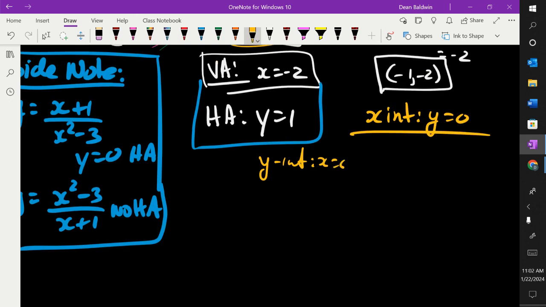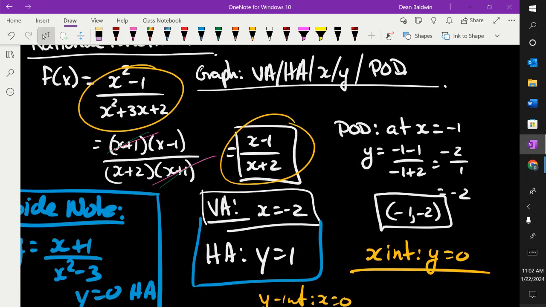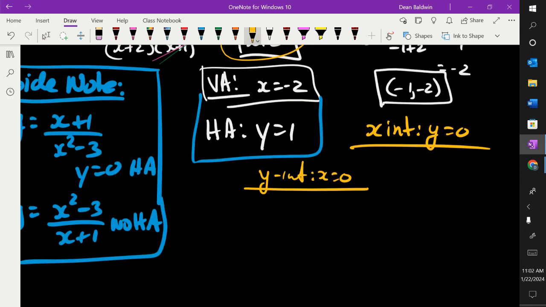Y-intercept is when x is equal to 0. So what's the only thing you look at? The constant terms, right? Because if x is 0, everything else goes away. Put 0 in here, -1/2. So for the y-intercept, we get y is equal to -1/2, with coordinates 0 and -1/2.